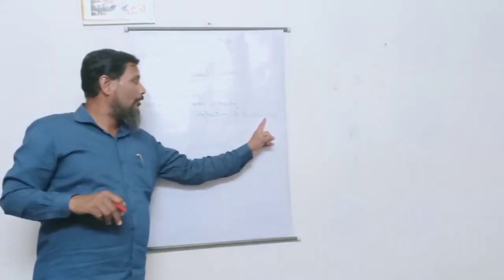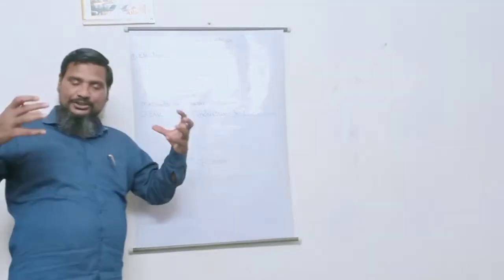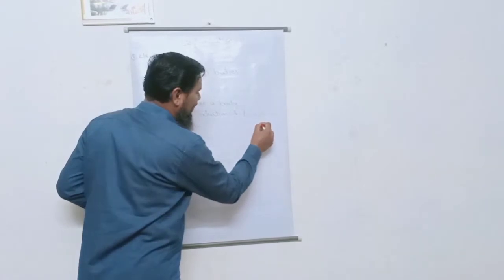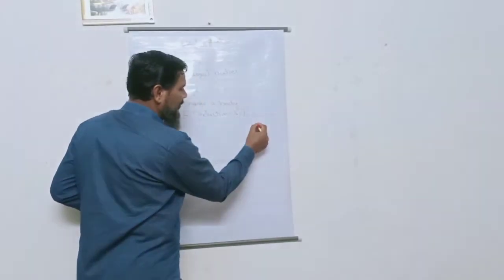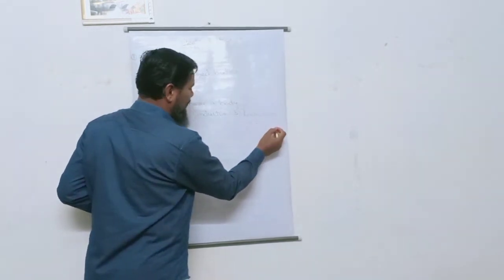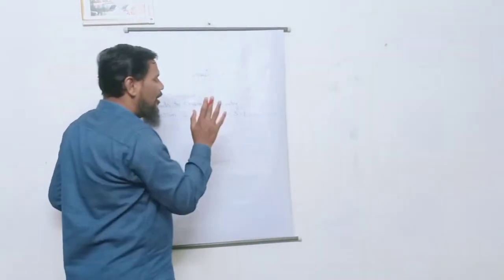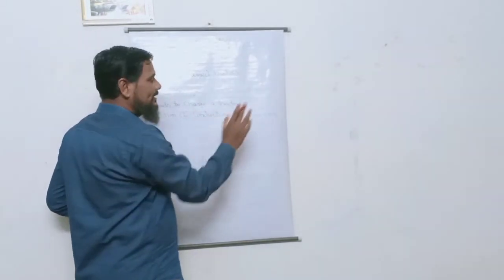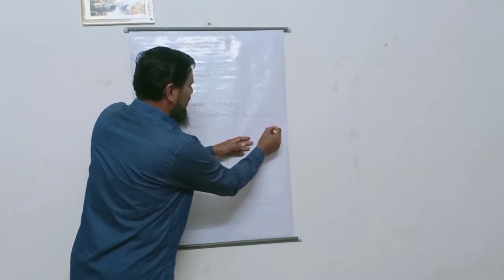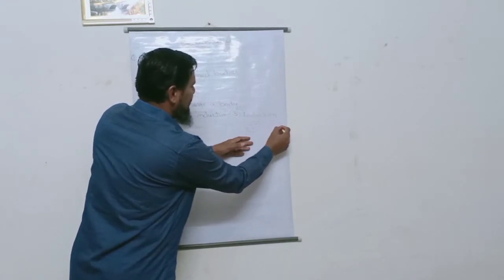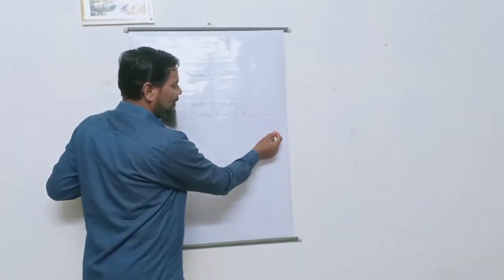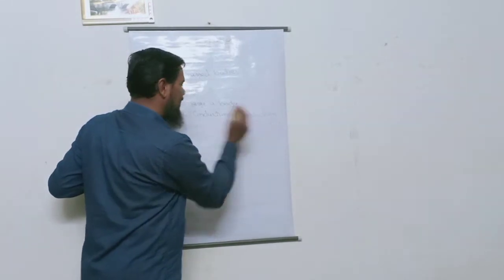In induction, what is happening when a charged body is brought close to an uncharged body? It is not rubbed, it is not touched, we just keep it near the uncharged body, then one surface or one part gets opposite charge and the other part gets the other charge. And this body also becomes charged. This phenomenon is called induction.